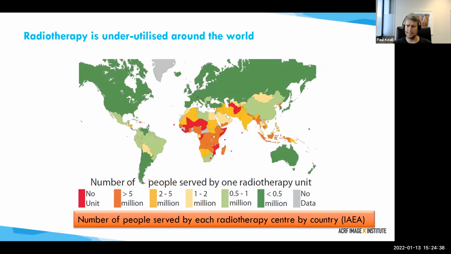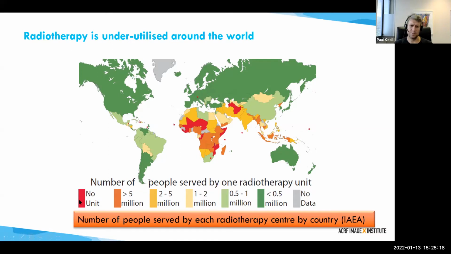So this is a map of the world, as I'm sure you know. It's color-coded with the number of people served by one radiotherapy unit. So for the green, for example, in Australia, we've got at least one radiotherapy unit for every 500,000 population, and you can almost track the correlation between radiation therapy units and the gross domestic product of countries.